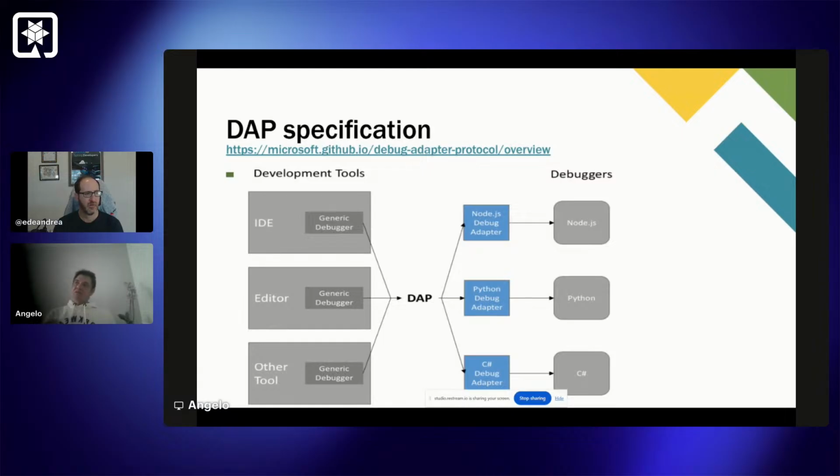The generic debugger is a DAP client implementation, and after that, you can communicate with any debugger which implements DAP. So there exist a Node.js debug adapter, Python debug adapter, C#, and after that you can debug Node.js, Python, C# in VS Code, in IntelliJ with the same debugger.